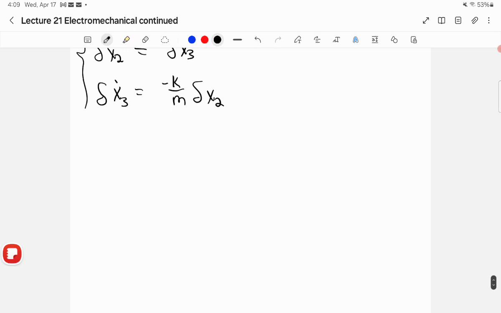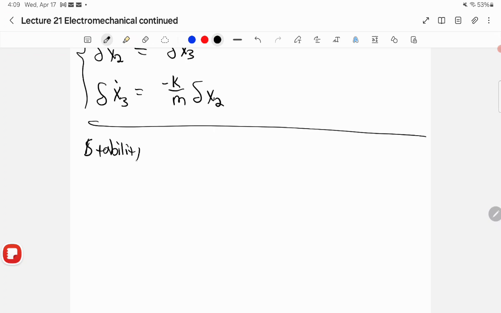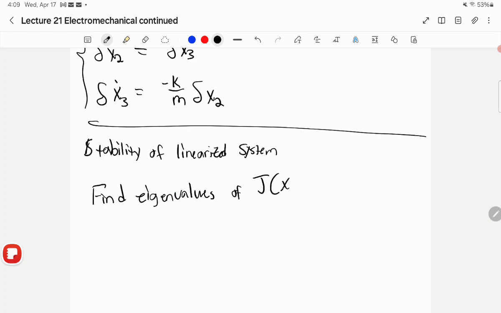Okay, so then obviously we can ask about the stability. So we need to find the eigenvalues of j of x.